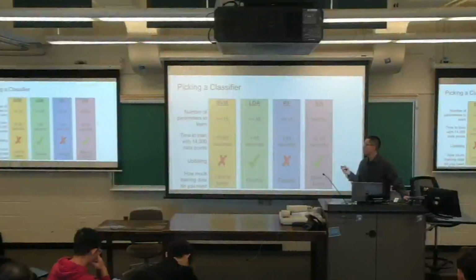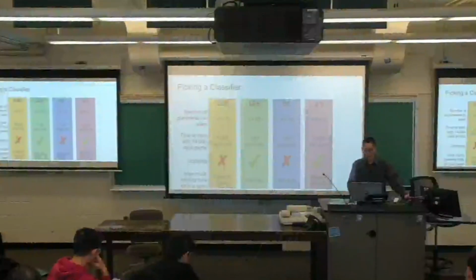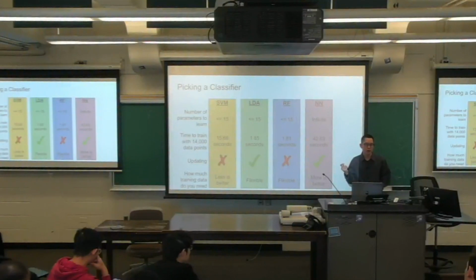You can also fine-tune a network on a new data sample online. You can run a few gradient descent steps and then backpropagate to update your network parameters. So those are the characteristics that we are considering for these four classifiers, and then we need to think about which one works best for our application.